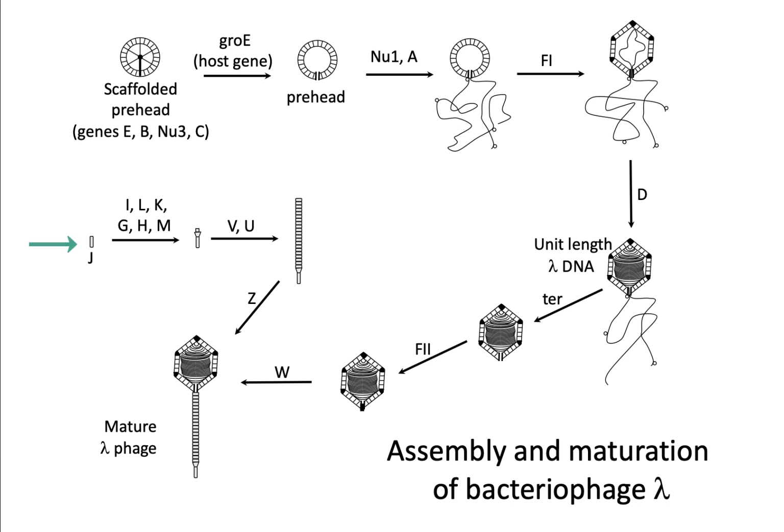And in the meantime, the tail is being produced by several gene products, and again, it's fairly complex as far as the number of proteins that become part of that tail, and that's mainly because that's the very important part that will attach to the host during the infection stage. And then finally you have a complete lambda ready to infect a bacterium.